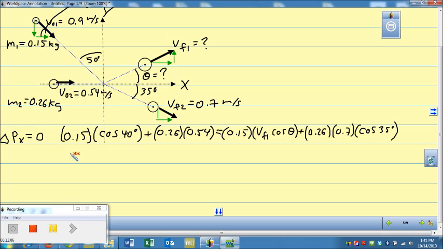I get 0.115. Now, I've got to check my mode. Always check your mode to make sure you're in degree mode. So I'm in the correct mode. So that's 0.115, okay, plus 0.26 times 0.54, that's 0.1404.